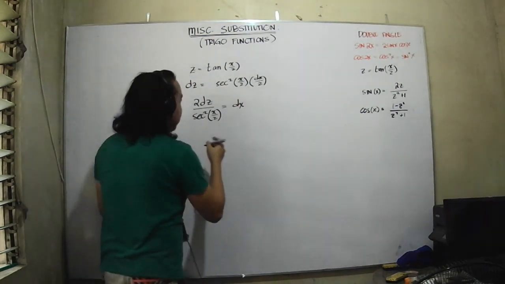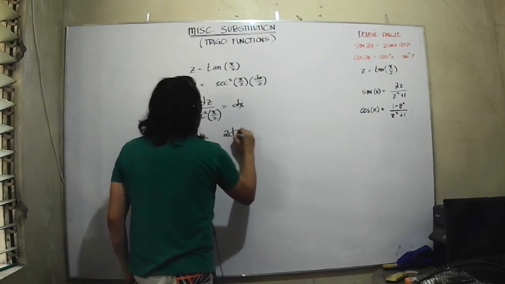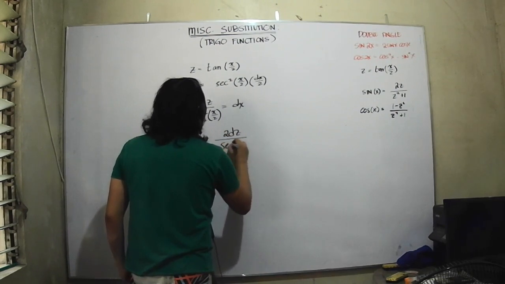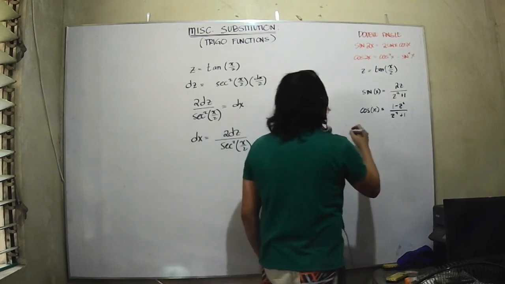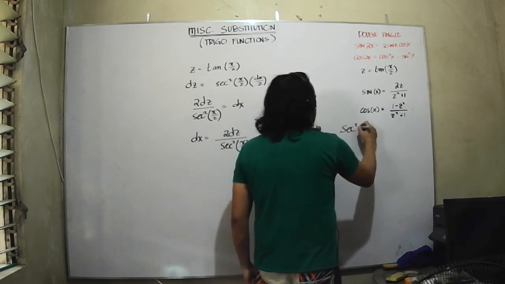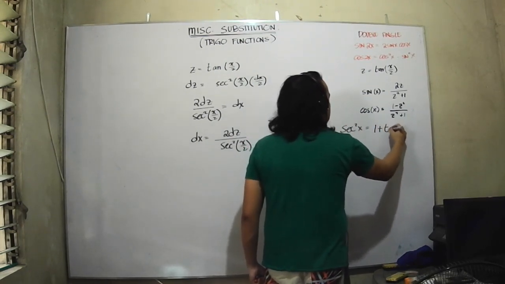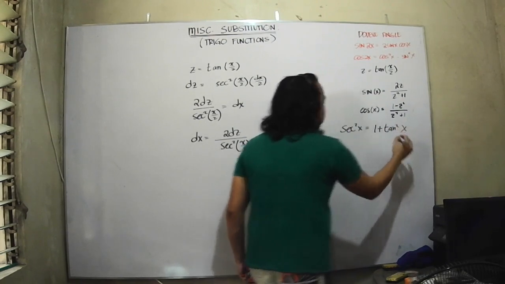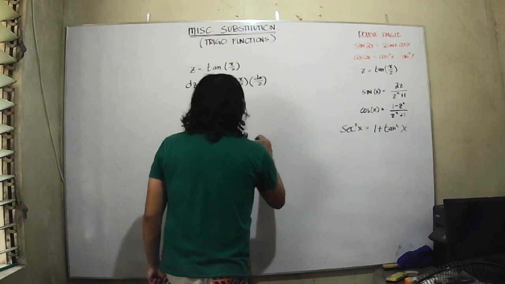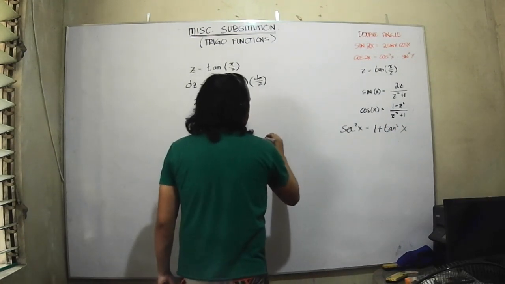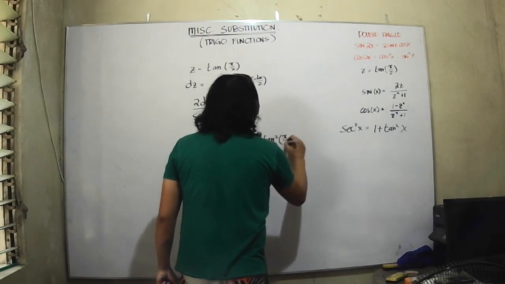But it's not yet tidy, so I rearrange it a little. You have 2 dz divided by secant squared x over 2. The Pythagorean identity states that secant squared x is equal to 1 plus tangent squared x. So by that idea, I can say this is tangent squared x over 2 plus 1.